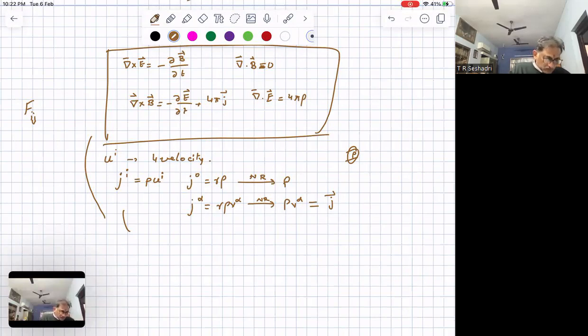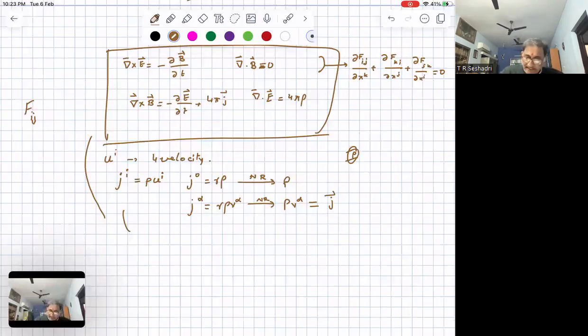The first pair of Maxwell's equations can be written as del F ij by del x k, and then a cyclic permutation: del F ki by del x j plus del F jk by del x i is equal to 0.